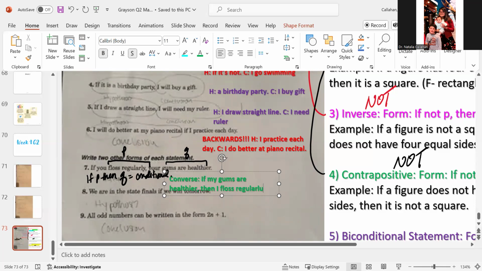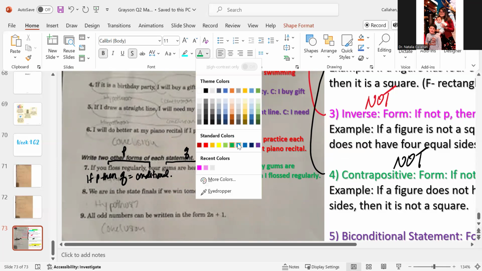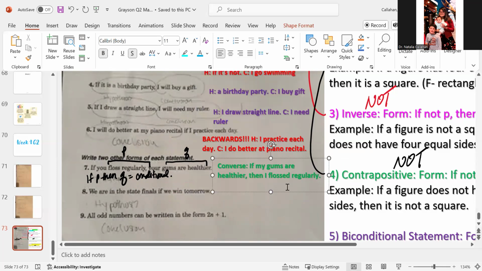No, then I floss regularly, or I flossed, like I already did it. Do you see that? Okay, that's 1. But she wants 2, correct? So which one do you want to pick? What's another one you could do? You can either do the inverse or the contrapositive. Which one do you want to do?